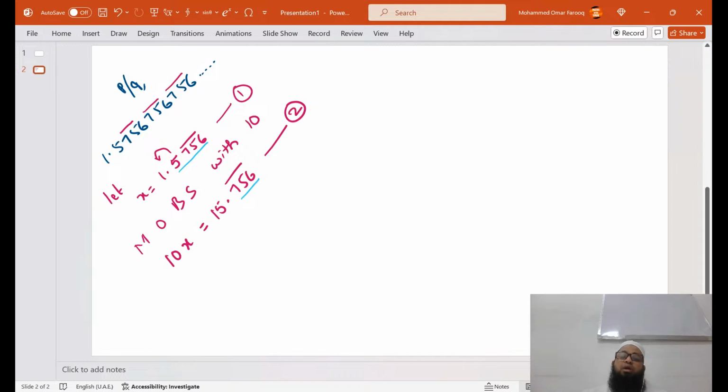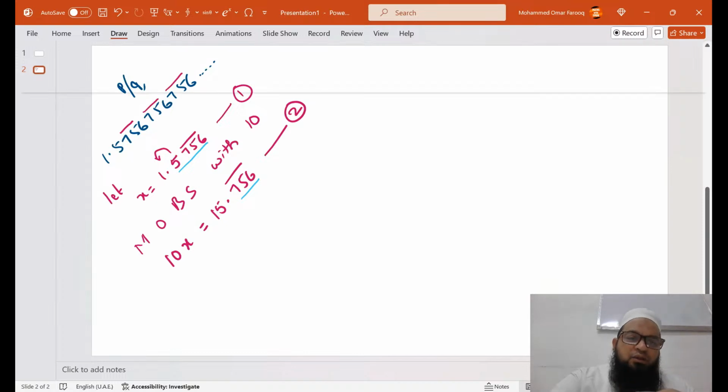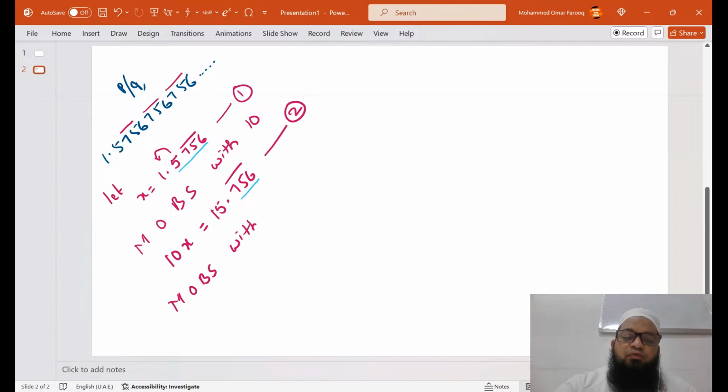No. So in order to make them equal, tell me students, how many decimals are repeating here, recurring? There are 3 decimals which are recurring. So now multiply on both sides with 10 to the power of 3. Since 3 decimals are recurring, you multiply with 10 to the power of 3.